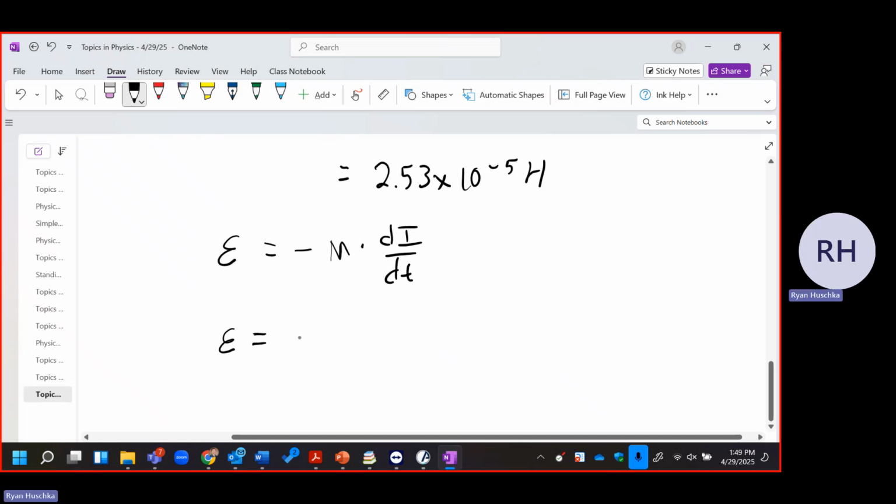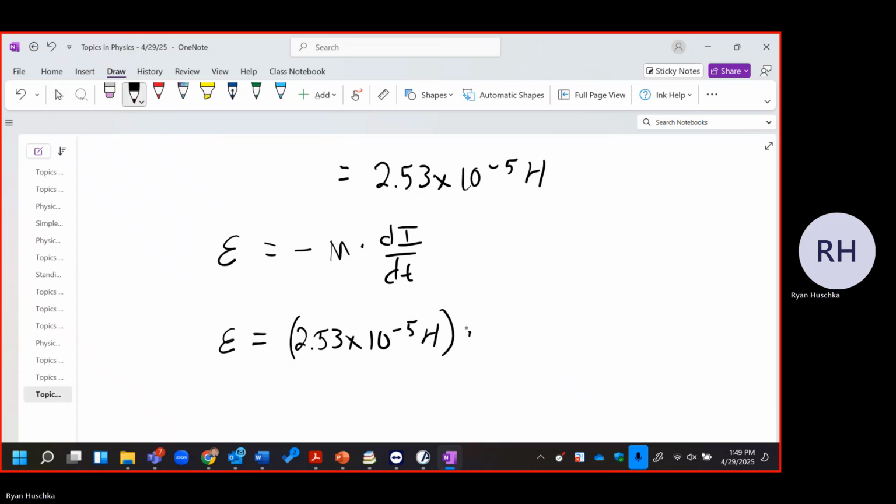We have our mutual inductance. We can go ahead and plug that in: 2.53 times 10 to the negative fifth henry. Times what? 200, right? Exactly right.